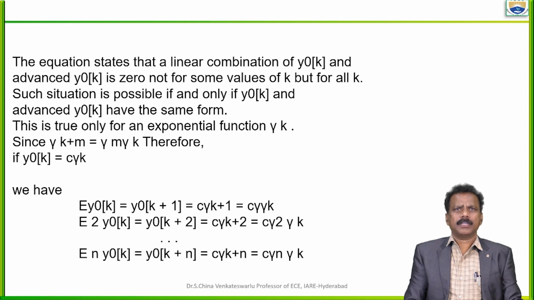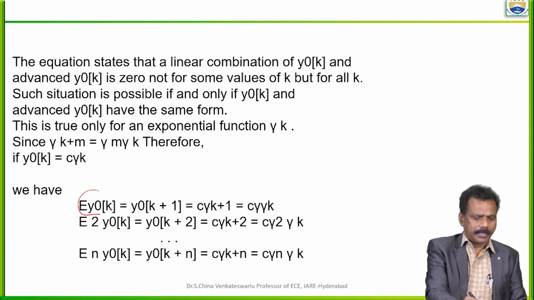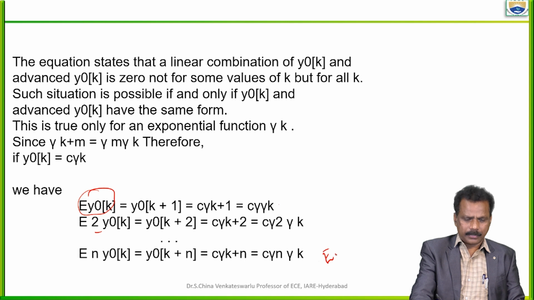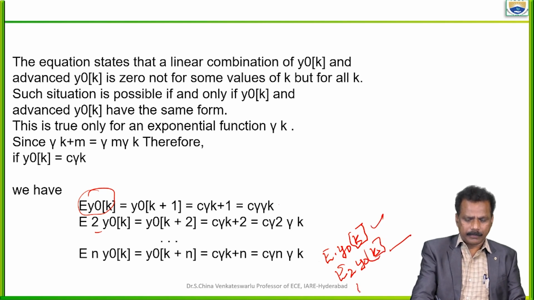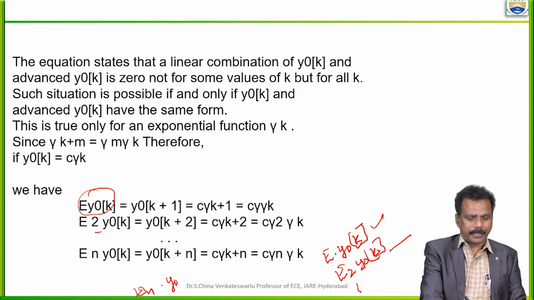Here the equation states the linear combination of y naught of k and all these values is reflected: y naught of k, E y naught of k, E2 y naught of k, and so on, En y naught of k.